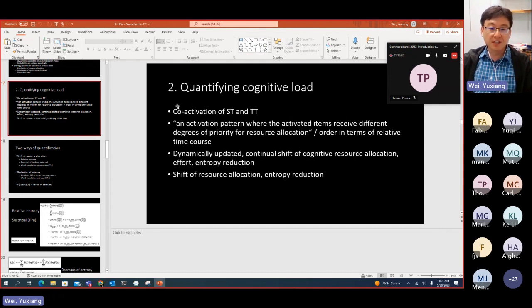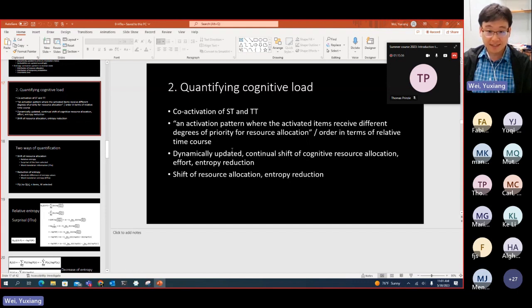We have reviewed the assumption of co-activation of both the source and the target, and I've described that the translator is involved in an activation pattern where the activated items receive either different degrees of priority for resource allocation or the speed by which it is activated in terms of relative time course. And this activation will be dynamically updated.